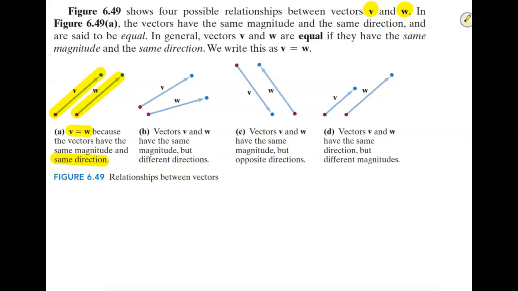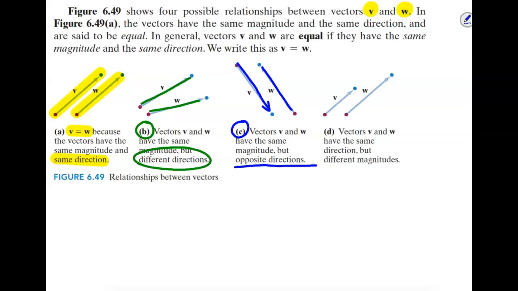If we go to example B, here's example B in this figure. These might have the same magnitude or length, but their directions are different slopes. All right, example C. Vectors V and W have the same length, but they're going in opposite directions.